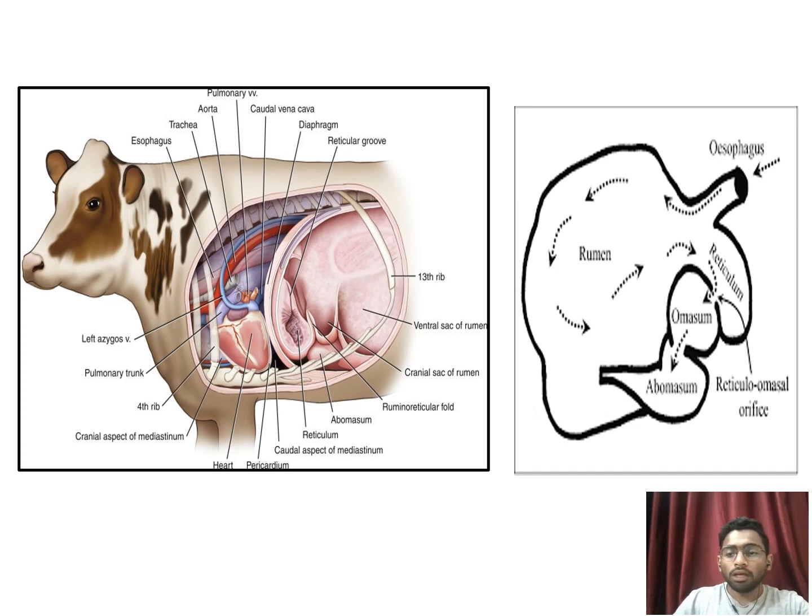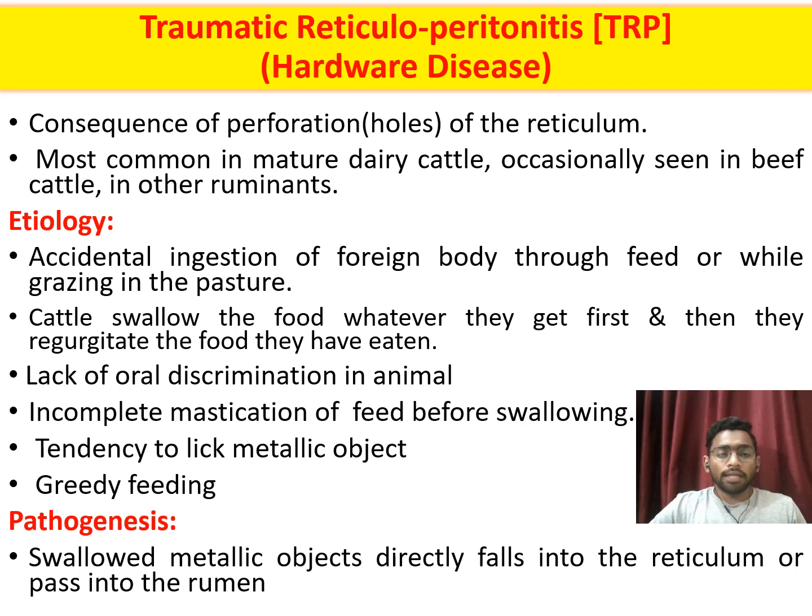Now let us get into the main topic, traumatic reticuloperitonitis, which is a hardware disease. Commonly we call it TRP, and in future I will be using TRP to represent traumatic reticuloperitonitis. So what is traumatic reticuloperitonitis?